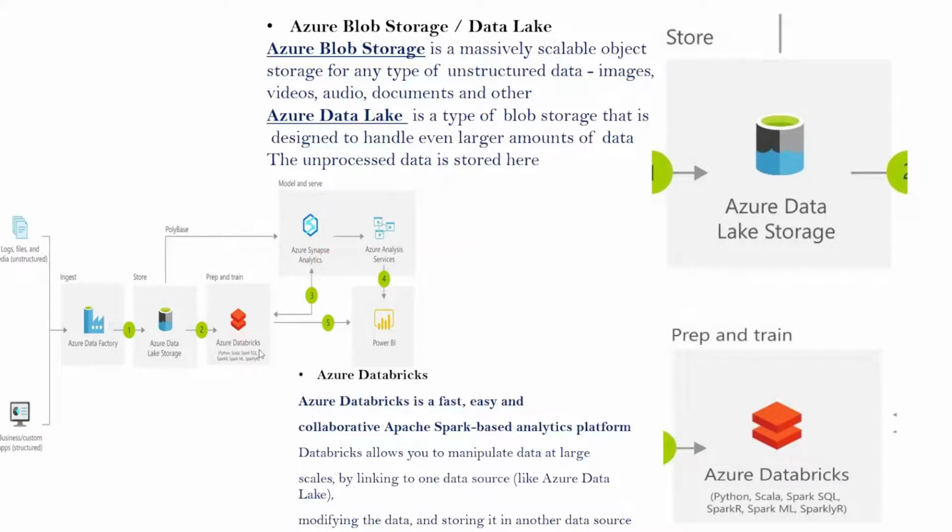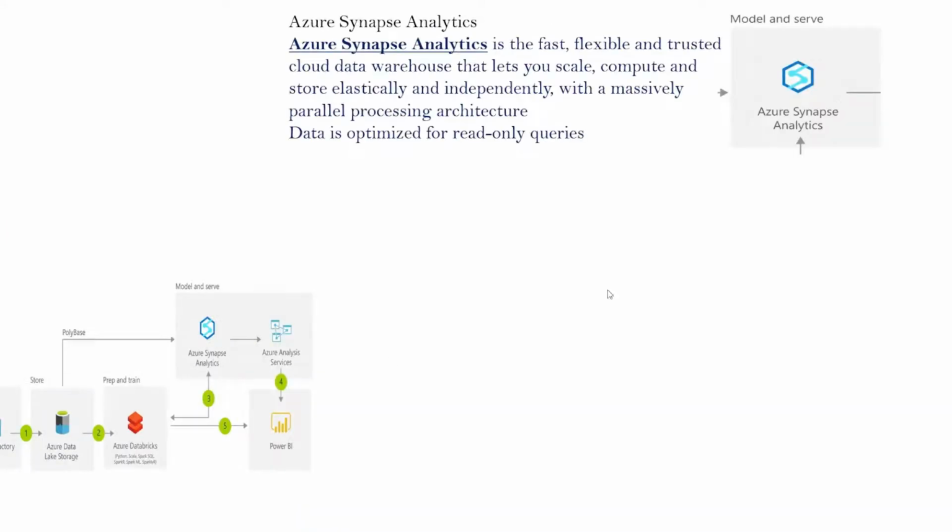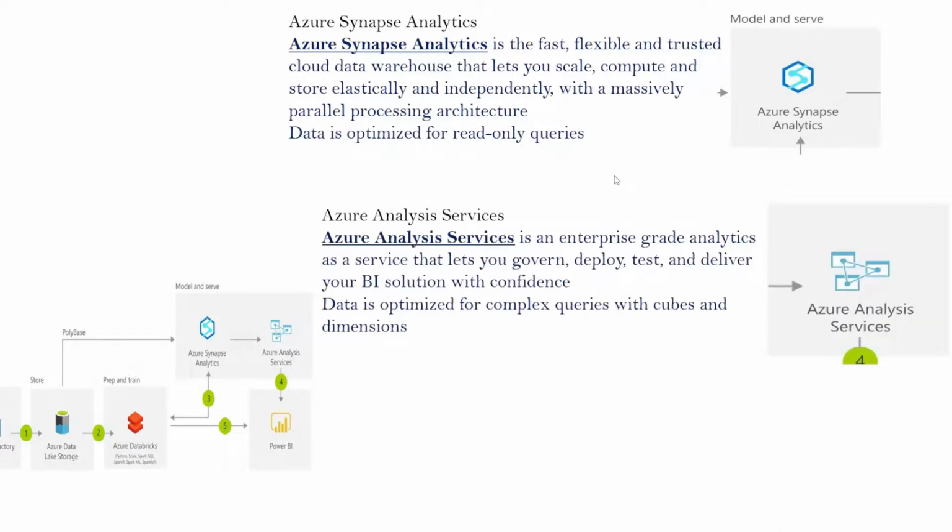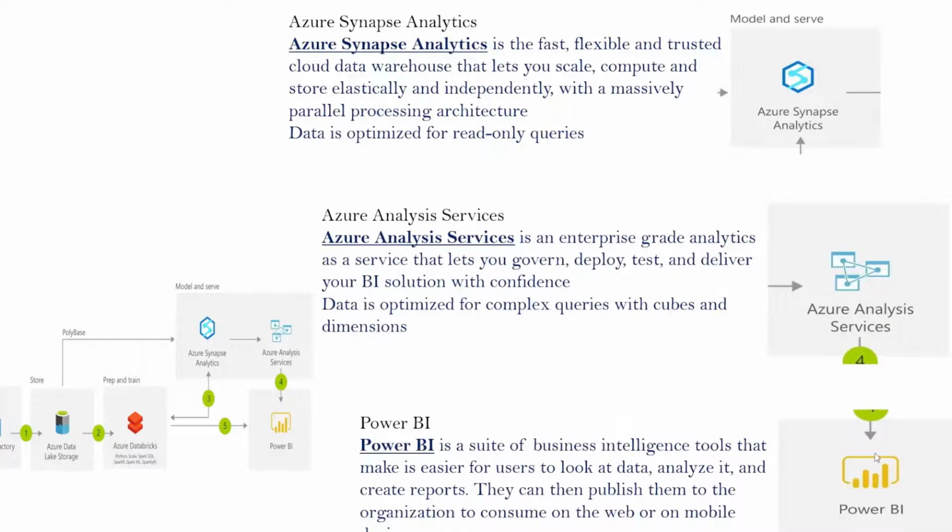So those kinds of functions, on an Apache Spark based analytics platform, you can create, and then your corrected data can be directly used further. Where can it be used? It can be loaded into the data warehouse, or it can go directly to Power BI.